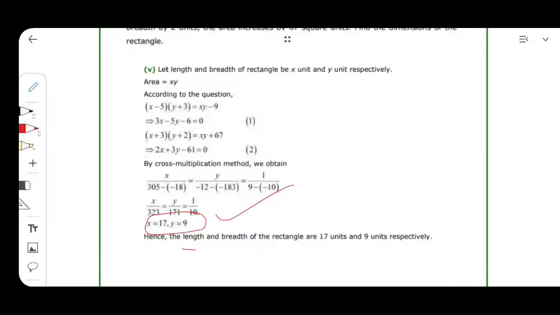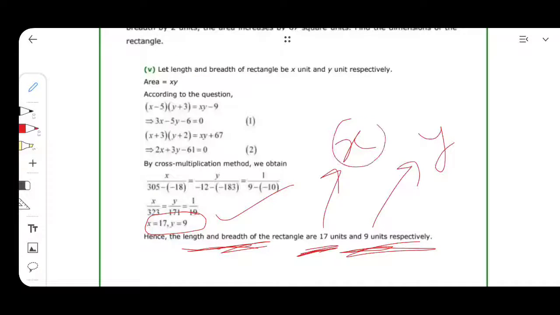Hence the length, that is x, is 17 units, and the breadth, that is y, is 9 units. Clear? This one is x and this one is y. This is length and breadth. Clear?